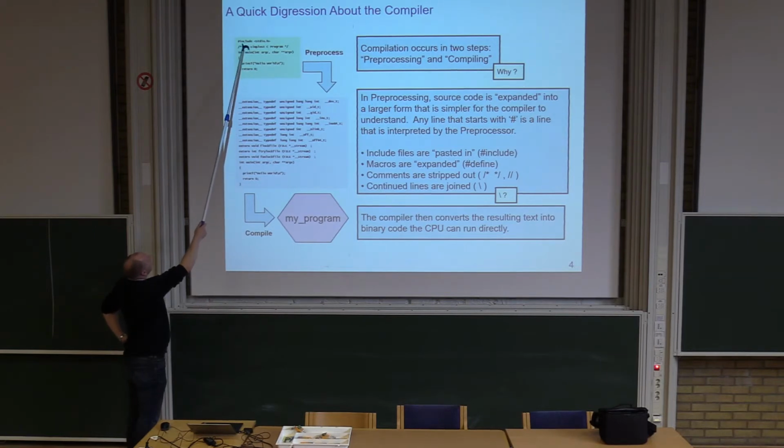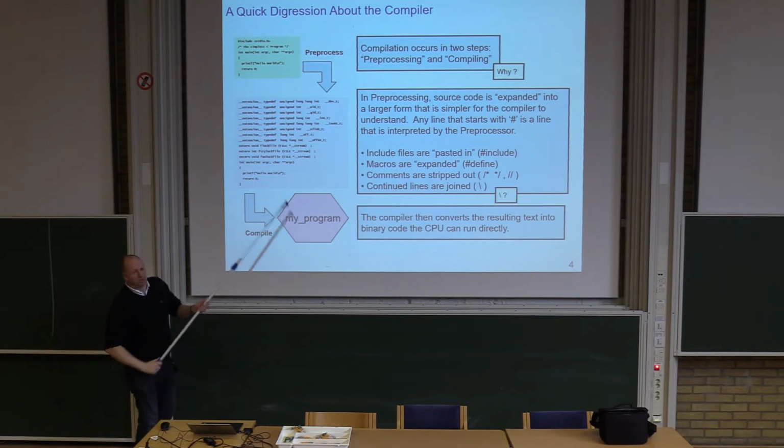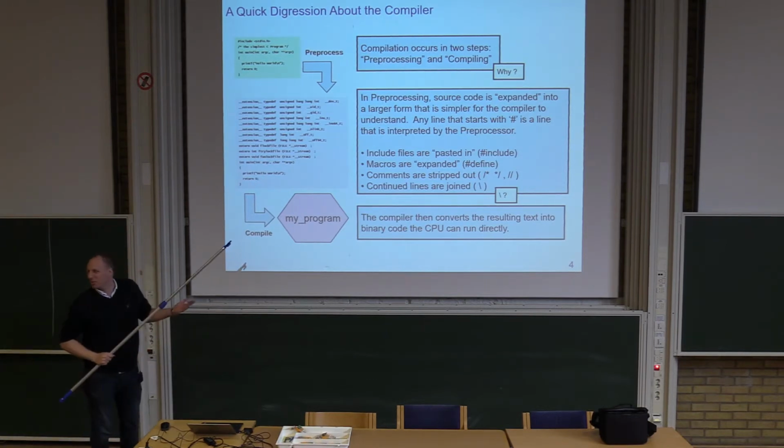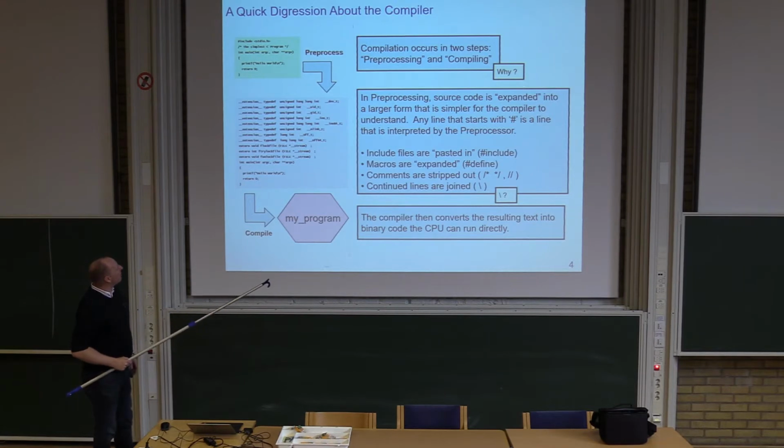So it will go and read what is inside this file here and put it into the file that will actually be sent to the real compiler. It will also get rid of, for example, the comments here, because those are not important for the compiler, so we'll just throw them out.